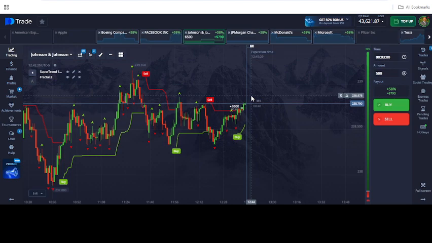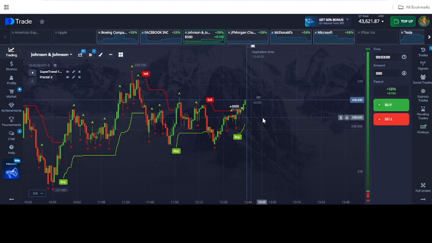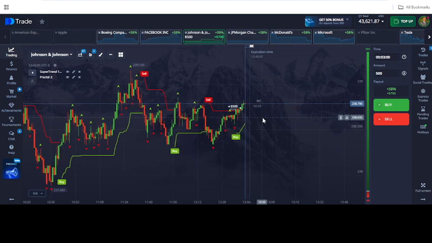It's pushing slightly higher. Few seconds left.